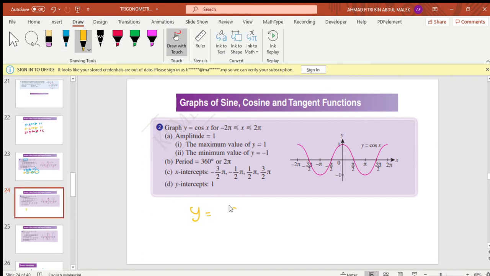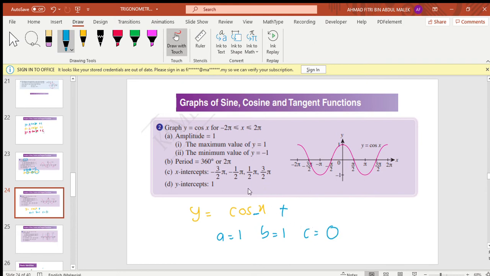The a value is 1, b in front of x is 1, and c at the back is nothing, 0.